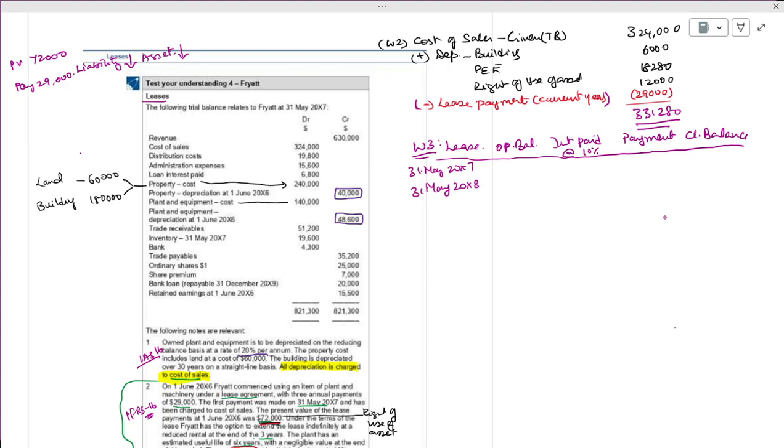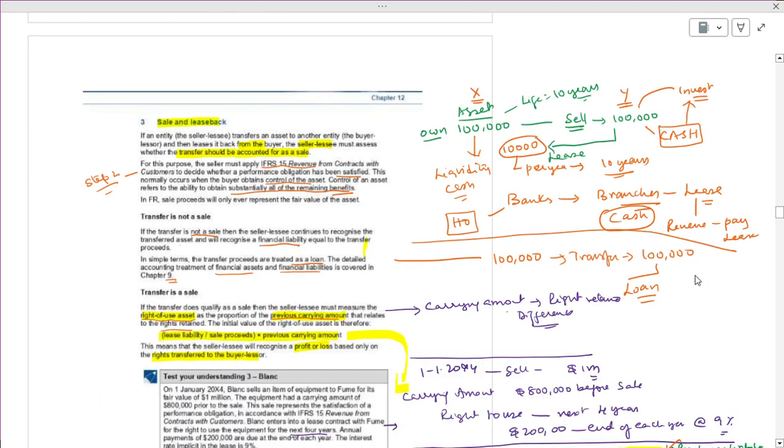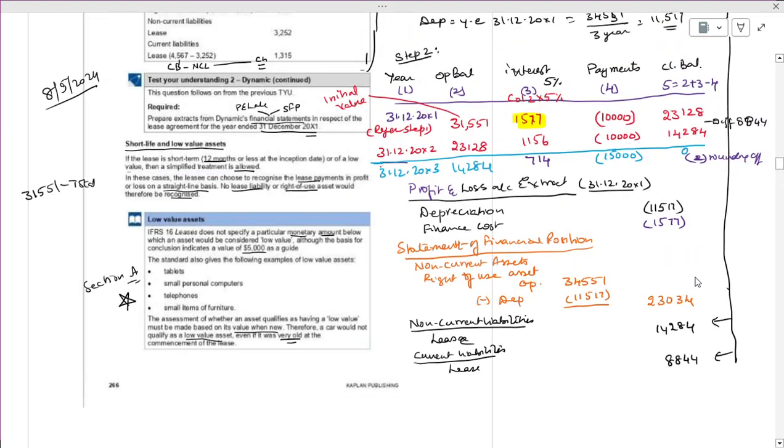What do we have to take as the opening balance? The initial amount, the full amount.